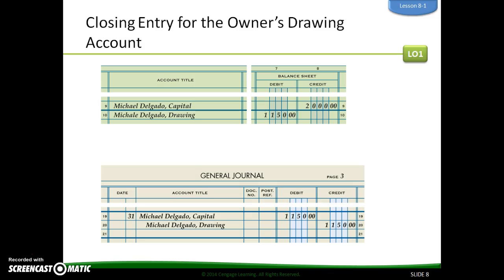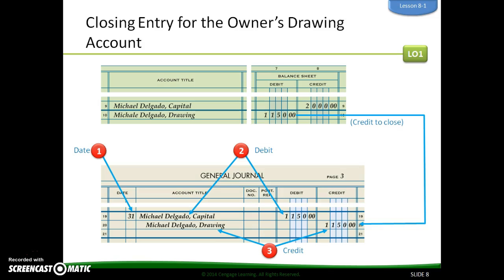Now, we might also need to do a closing entry for the owner's drawing account. And remember that the drawing account is what we use to pull money out of the business as a withdrawal. So whenever we have that situation going on, you can see that the drawing account needs a credit to close it, and then we post that credit.